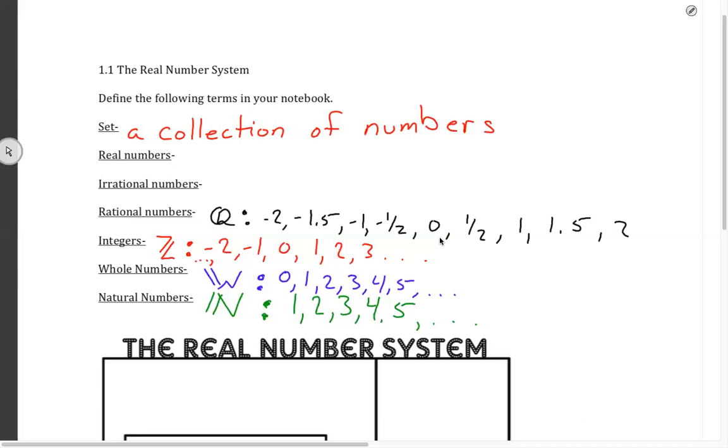I can write them all as a fraction, like 1.5, I could write it as 3/2. But irrational numbers, I can't write as a fraction. Hannah, can you give me an example of a number that can't be written as a fraction? There's a big one. I love to eat them around Thanksgiving.